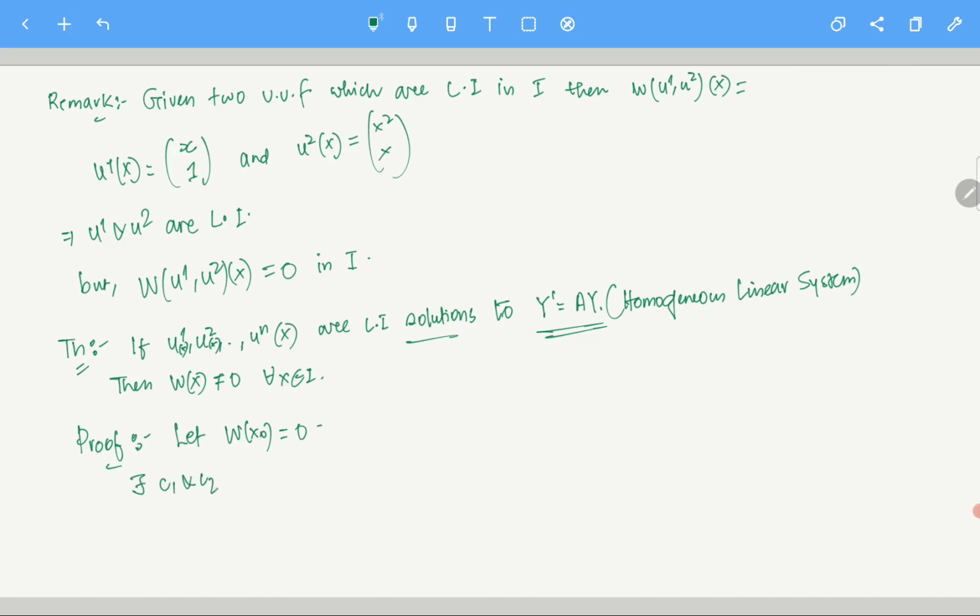C1 and C2 with mod C1 plus C2 not zero, which are solutions to this particular thing.